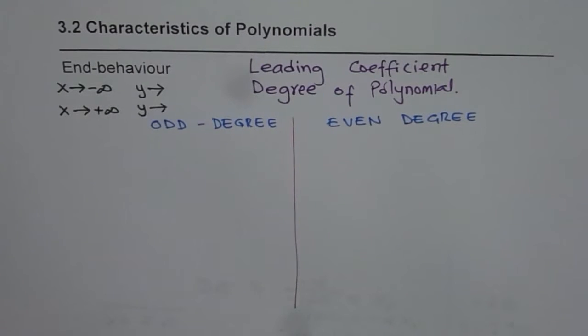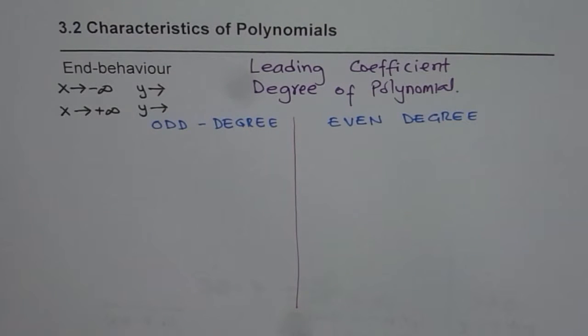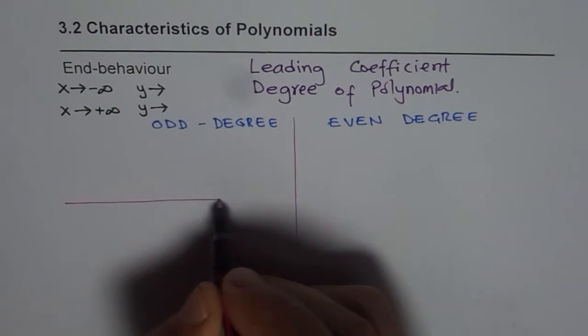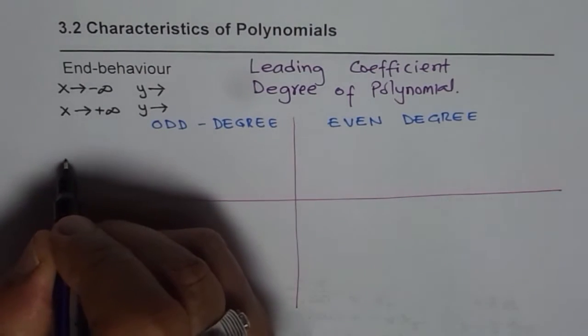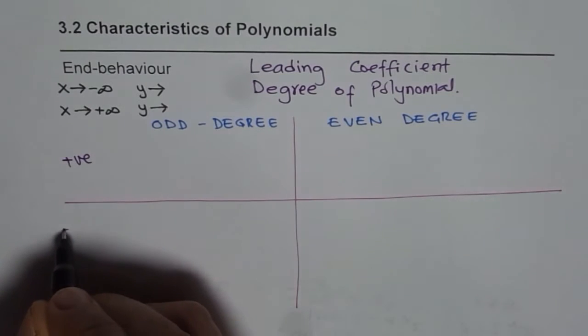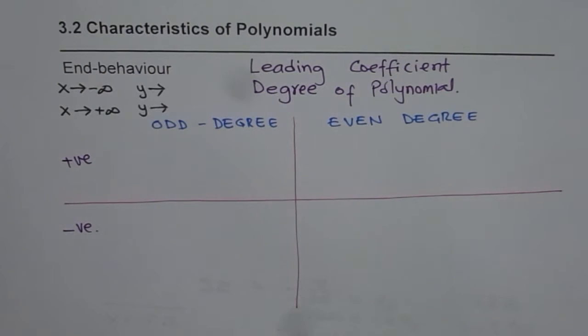Now as you know, even and odd degree is one part and second part is leading coefficient. As far as the leading coefficient is concerned, I'll have to further divide this page into two more parts, where we take leading coefficient as positive or as negative. So these are the conditions which will help us decide what type of end behavior we have.